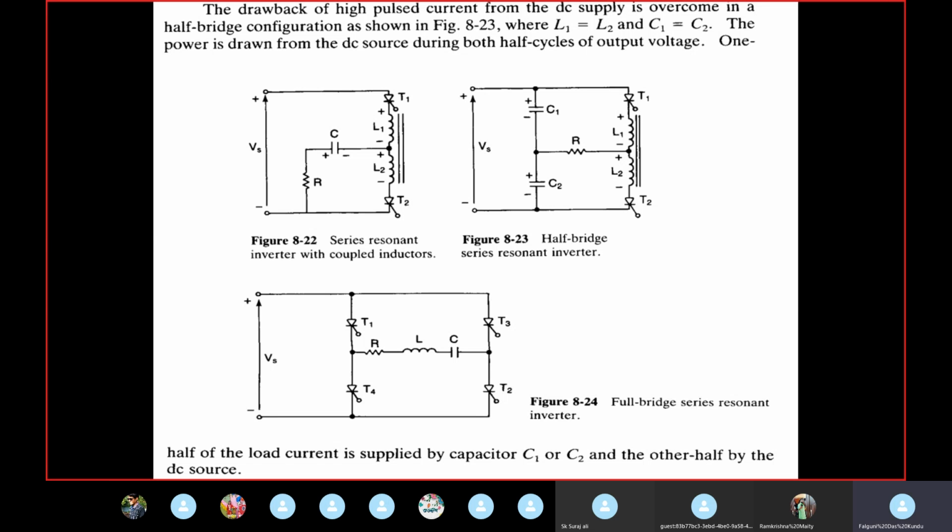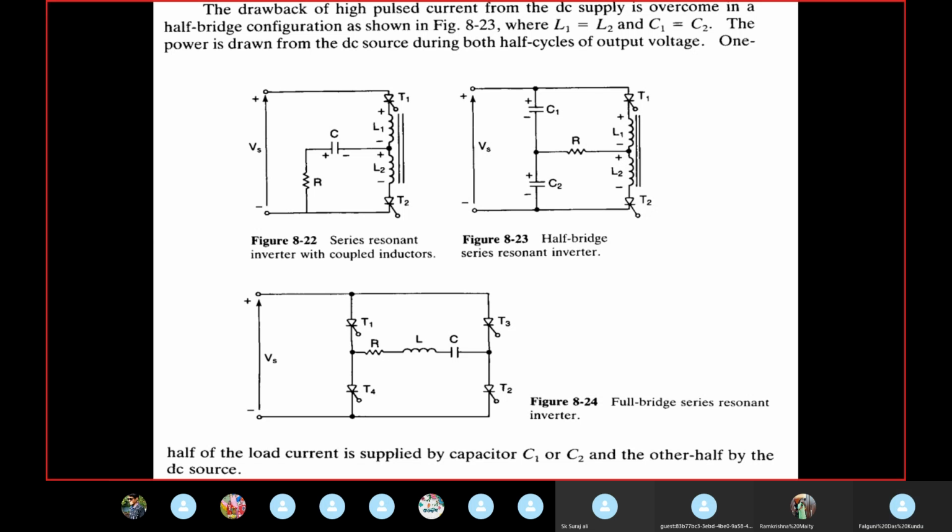Okay, and this is a half bridge series resonant inverter, and this is the configuration of a full bridge series resonant inverter. As we see, four thyristors are used. Here one half of the load current is supplied by the capacitor C1 or C2 and the other half by the DC source.